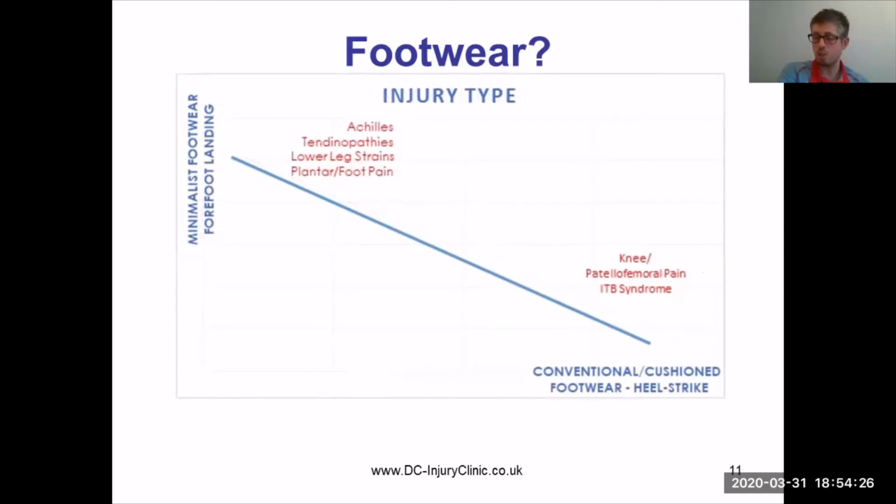Conventional cushioned shoes seem to correlate with a higher prevalence of knee pain. There's an inverse relationship with running footwear particularly, whereby the more cushioned the shoe, the higher the force impact through the knee, which is worth bearing in mind if you're someone who's suffering with knee pain and you've considered going to a more cushioned shoe.